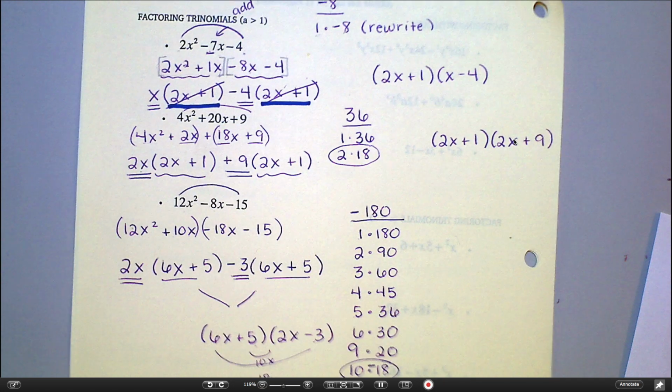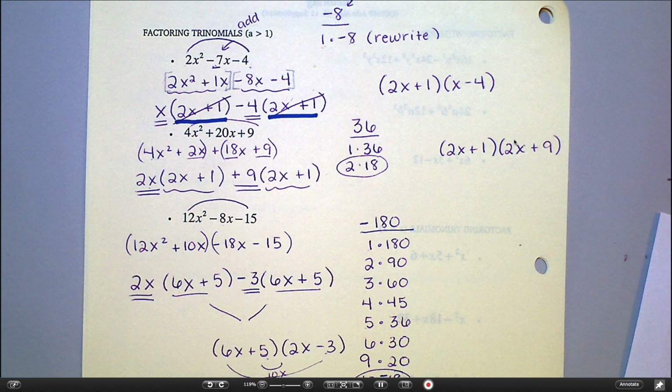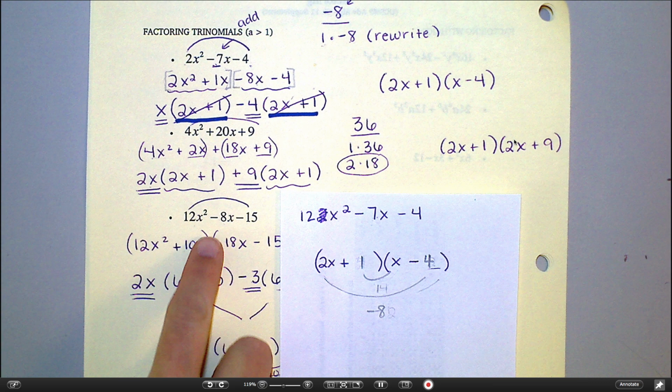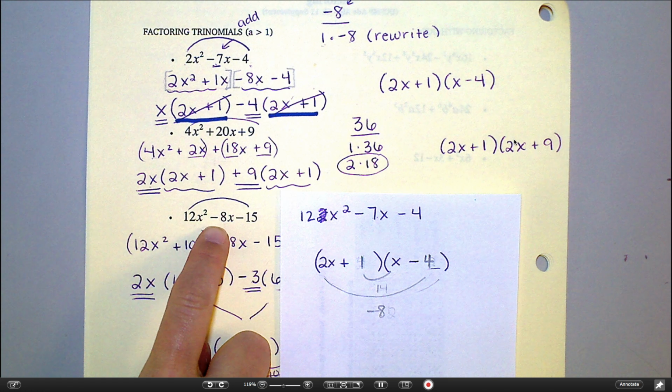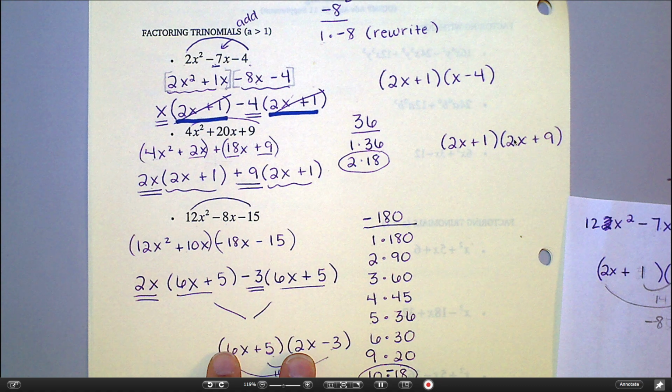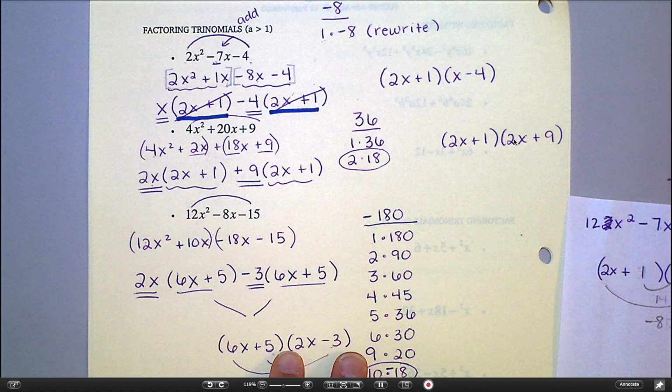Okay, so that was kind of a lot to take in there, but it is up to you. If you would rather be guessing and checking to your heart's content, you are welcome to do that. But just know that especially something like this is going to take a long time to guess and check through, because you have to come up with the combination to make the 12 and the combination to make the 15, thinking about all those possibilities of switching things around, think about all the plus minus possibilities, okay?